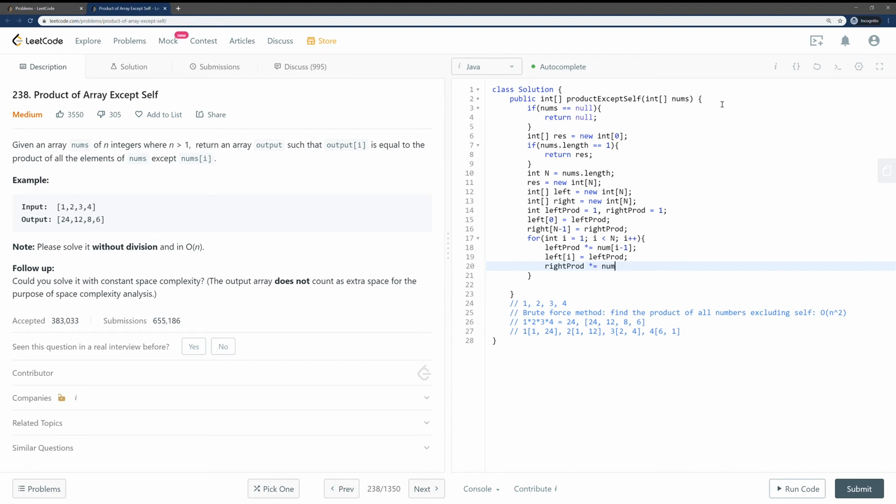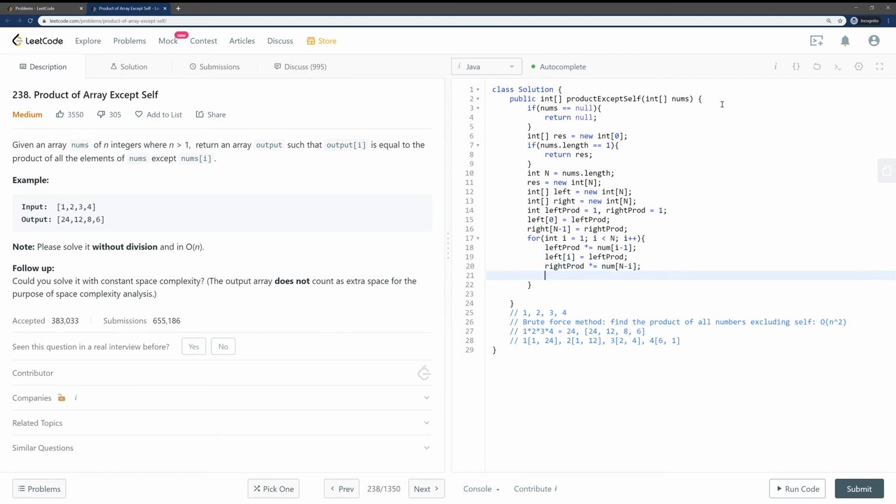And for our right product, we want to multiply the number at n minus i, and we want to update the n minus 1 minus i location with the right product.